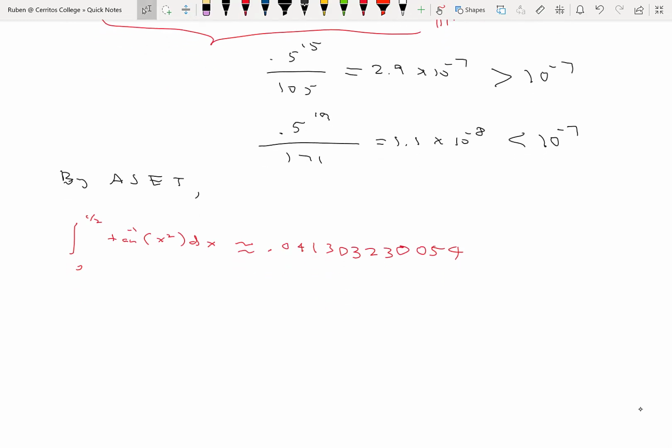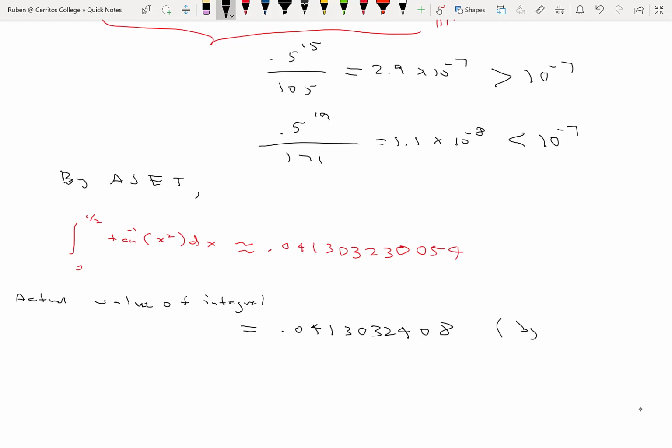The actual value of the integral is 0.0413032408.